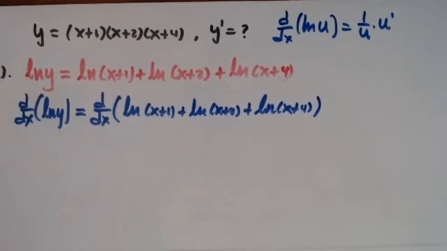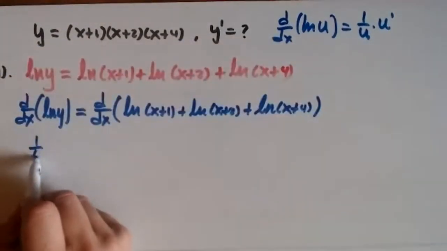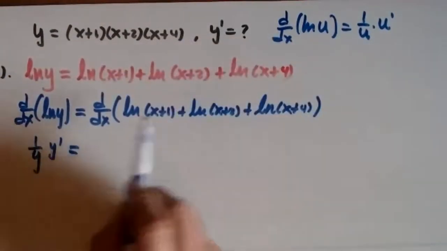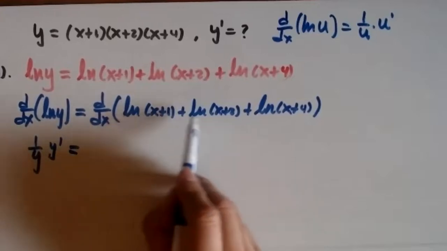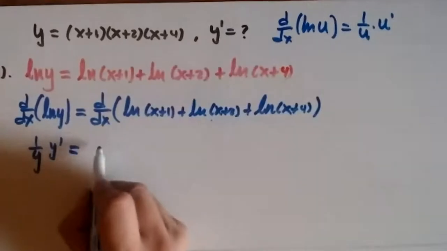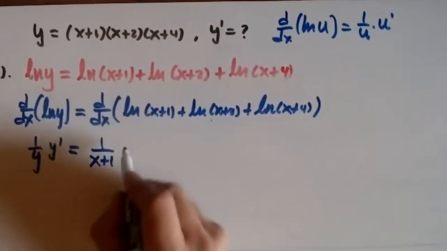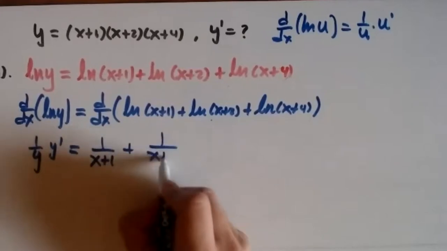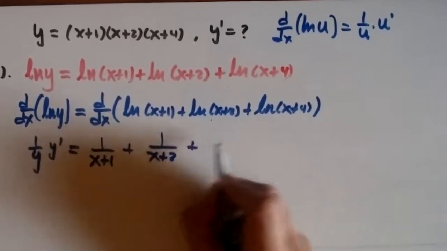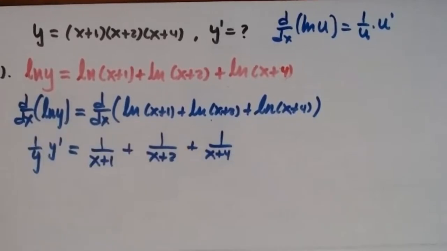Now, the calculus. This, using this formula, 1 over y, y prime. The derivative of this plus the derivative of this plus the derivative of this, using the same formula, is going to be 1 over x plus 1 times 1, because the derivative of this is 1, plus 1 over x plus 2 times 1, plus 1 over x plus 4 times 1. The calculus is over. Okay?